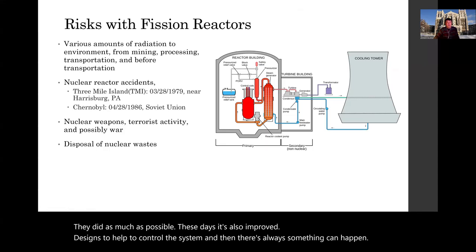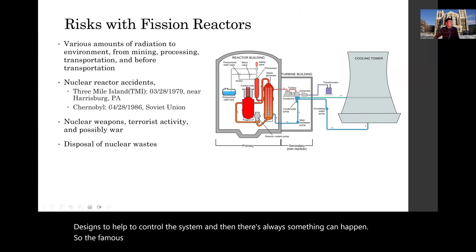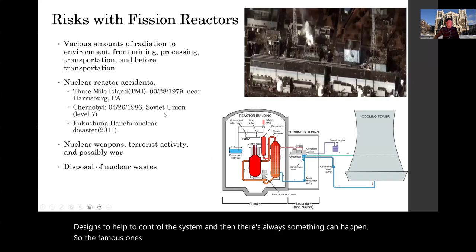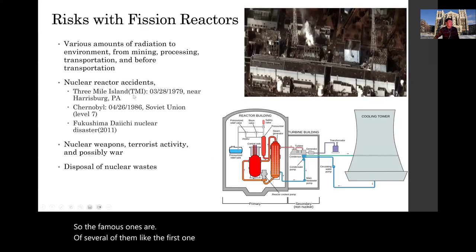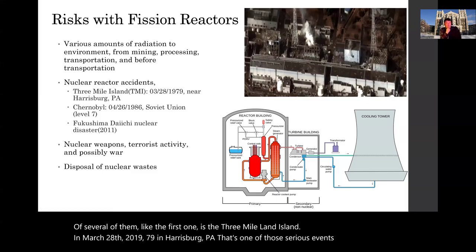The famous accidents are several. The first one is Three Mile Island on March 28th, 1979, near Harrisburg, Pennsylvania. That's one of the most serious events in the history of U.S. nuclear power.